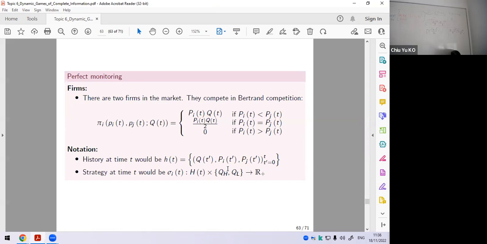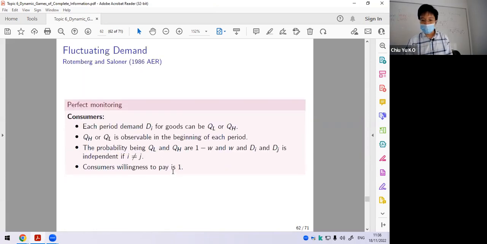Let me repeat the game because probably it's not entirely clear. At the beginning, you know the demand. I should use T here, T and T prime. That is the reason why it's confusing.